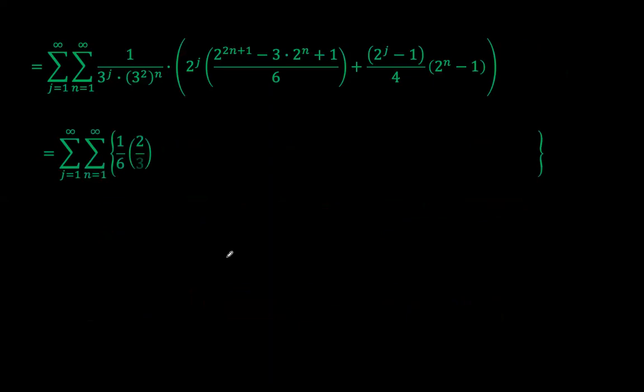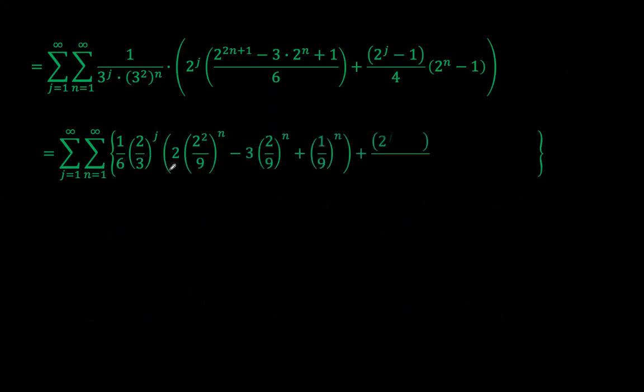So that means that now we have the summation of 1 over 6 times 2 over 3, there's this 2^j over 3^j in brackets. So we have pulled 2 here, 2 squared over 9 in brackets to the power n minus 3, in brackets 2 over 9 to the power n plus 1 over 9 to the power n.